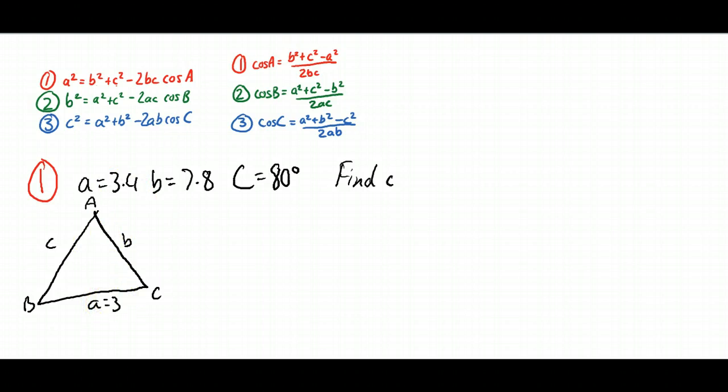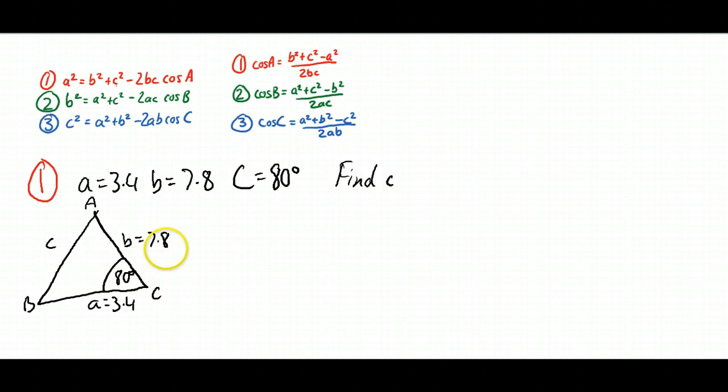So this is 3.4, this is 7.8, and angle C, this angle here, is 80 degrees. Okay, now notice we've got two sides and we've got an angle in between those two sides. That means this is going to be a cosine rule situation, no surprise.